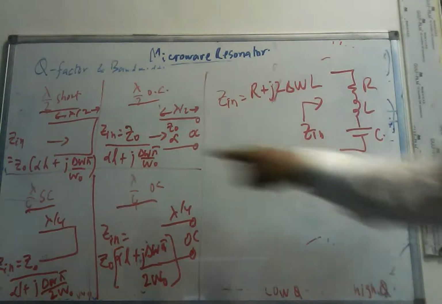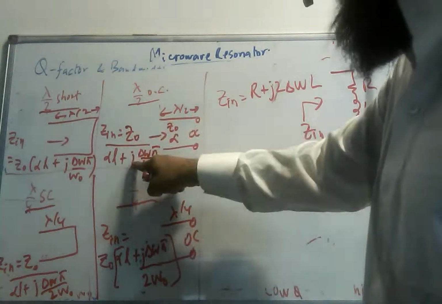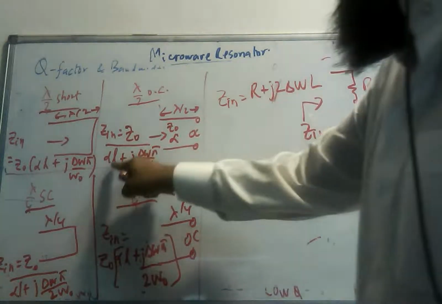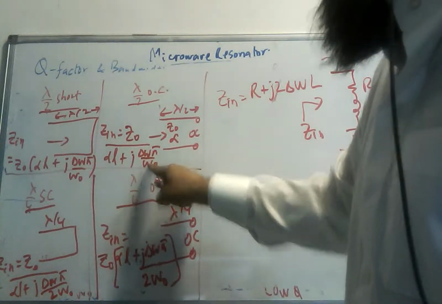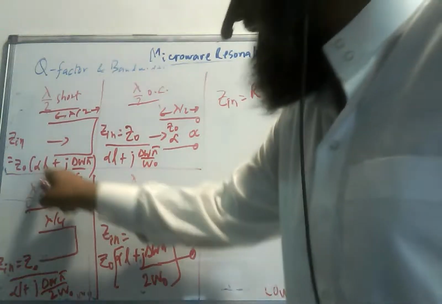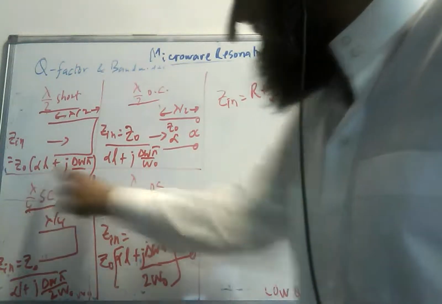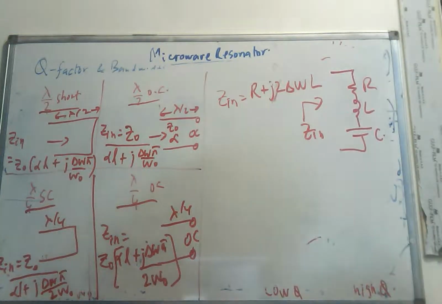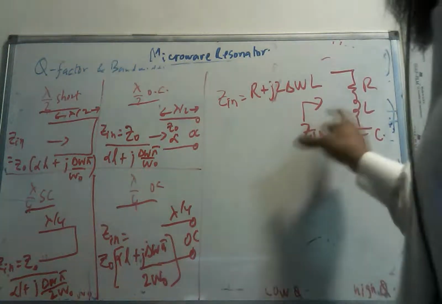As you can see, this is Z0 divided by real plus imaginary. So this is not the case. Also this is not the case because this is in the denominator. So we can have an open circuit, a short circuit lambda by 2, or an open circuit lambda by 4 to make the equivalent of this circuit.